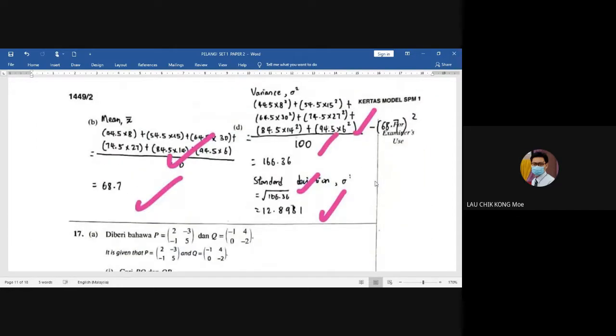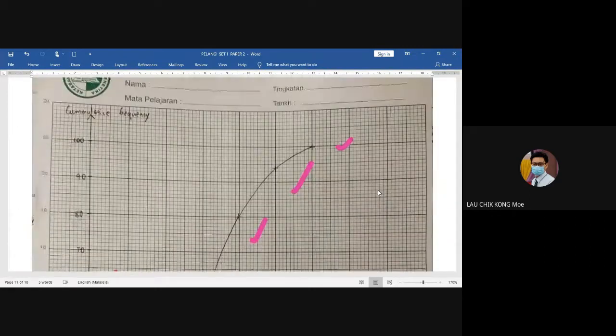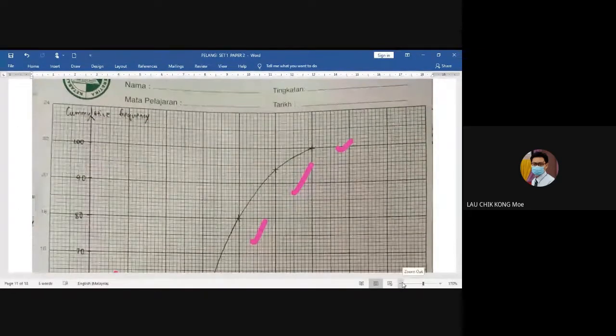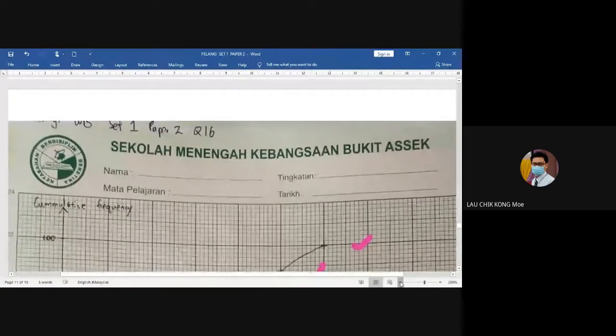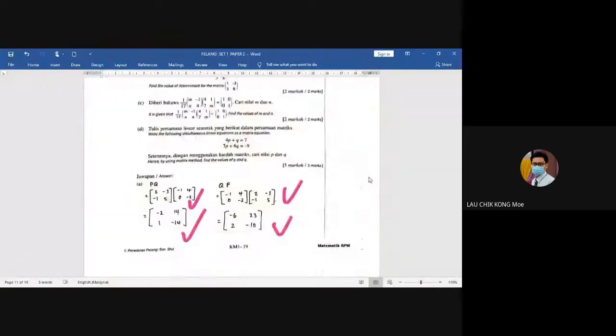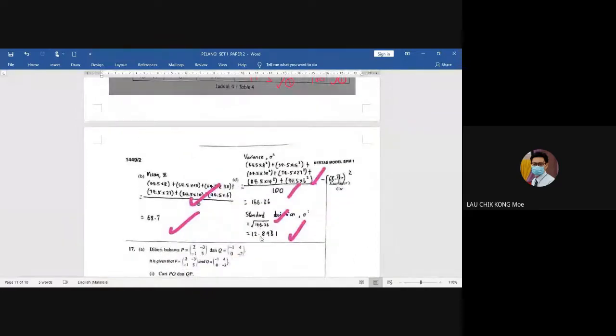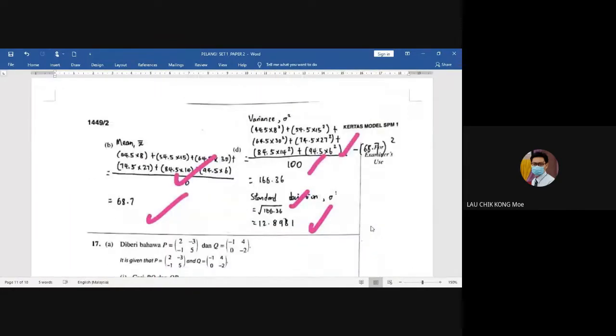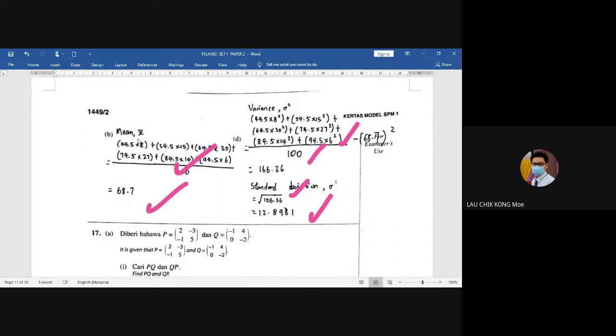Okay, and then section B, you are asked to draw the graph. 16B? No, mean first. You find the mean first. The mean formula is the sum of midpoint times frequency, divided by the sum of frequency.